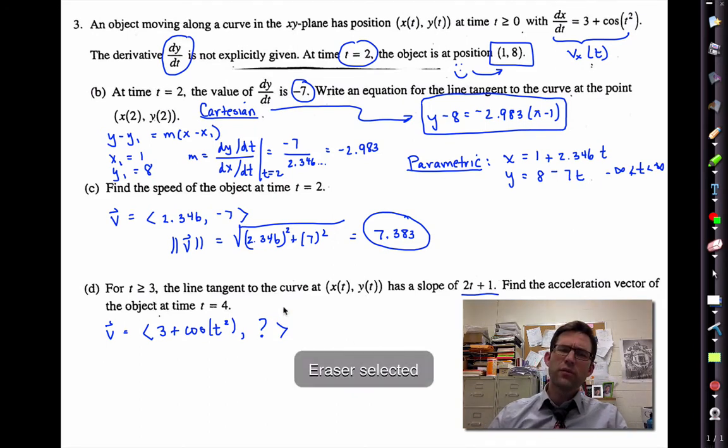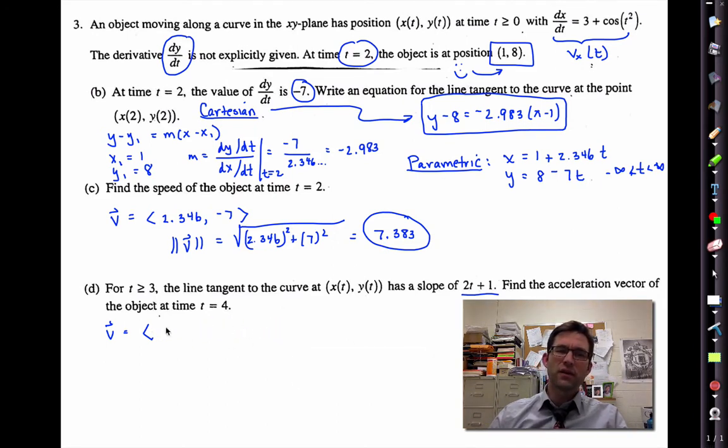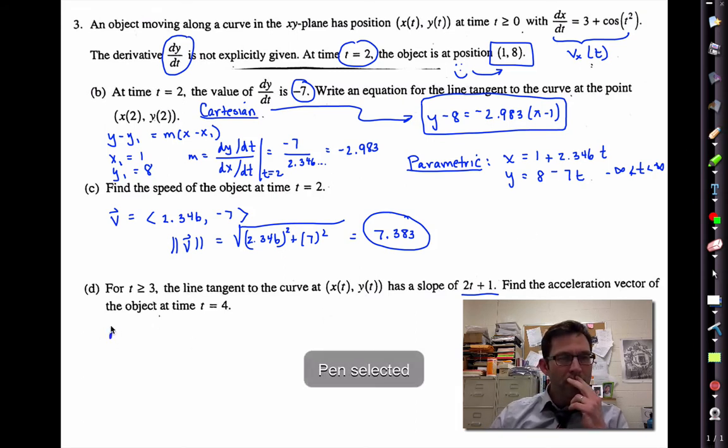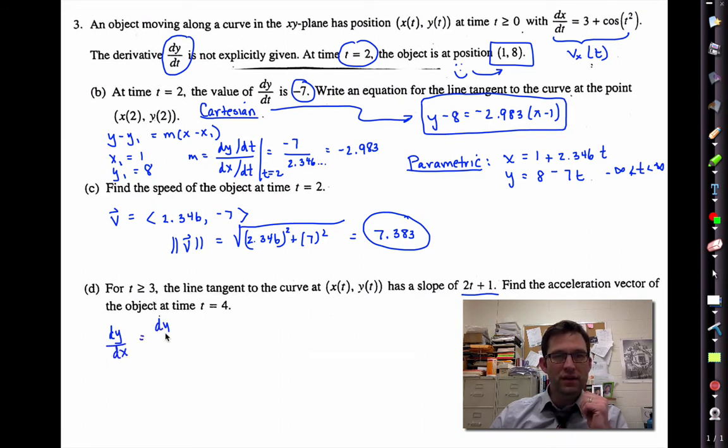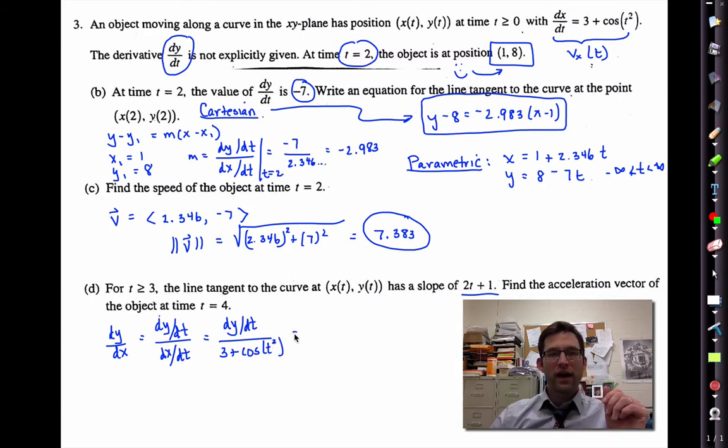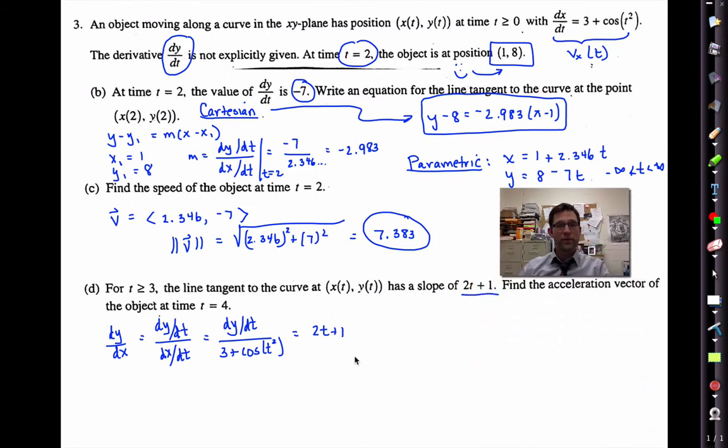So let's see if we can bring this other piece in that they talked about. All right, what do I know? Well, I know that dy/dx, which is dy/dt divided by dx/dt, which is dy/dt divided by 3 plus cosine of t squared, must be equal to 2t plus 1, at least for t greater than 3.